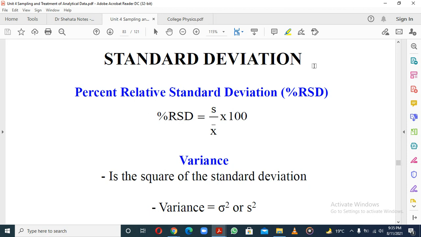You find that sample standard deviation over the mean, the mean value of the samples you are looking at, and then you've found the relative standard deviation. Then to find the percentage, you just multiply that relative standard deviation by 100%.